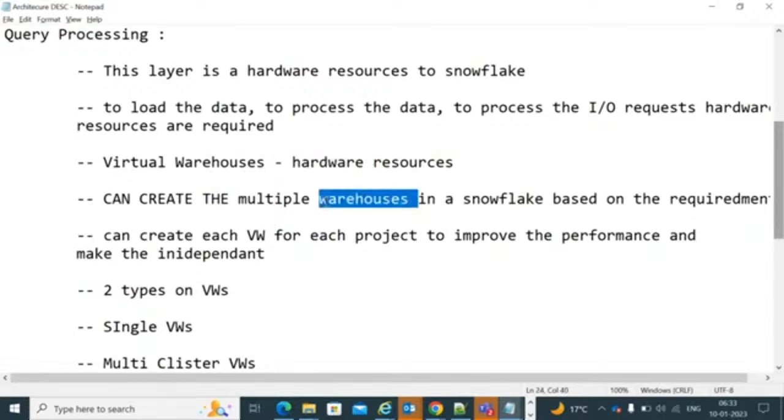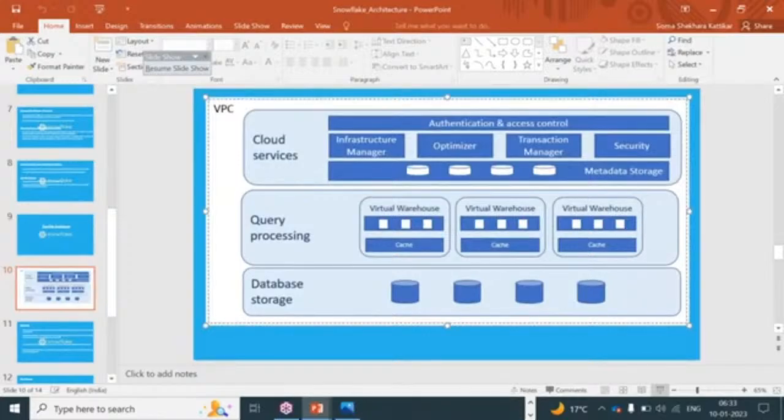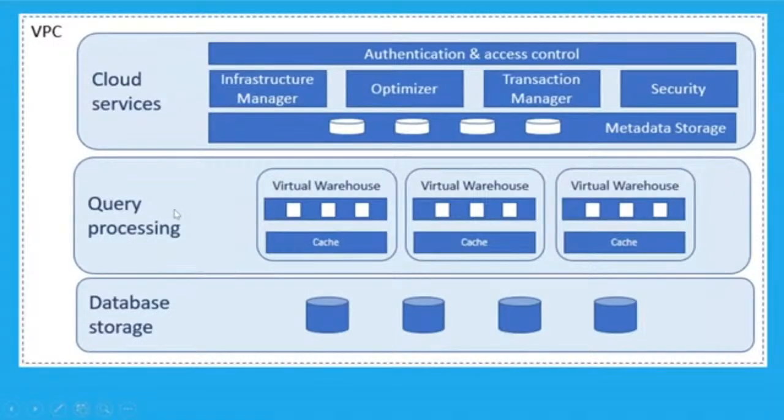Till here you are clear? See, this query processing layer is the virtual warehouse, which is a compute layer, and these are the hardware resources of your Snowflake. They are required to process all your requests, whether you are submitting workloads or queries, retrieving data from Snowflake, or loading data into Snowflake.